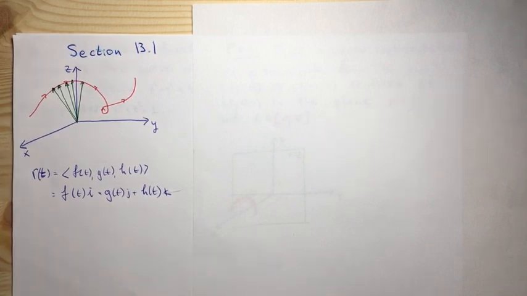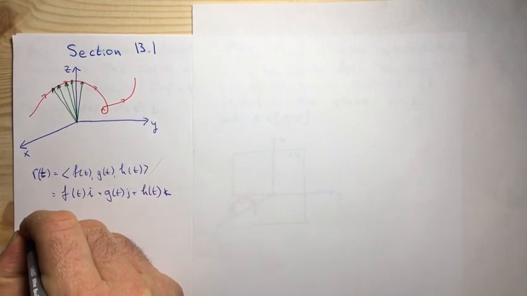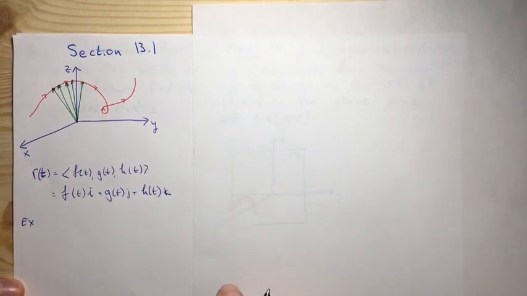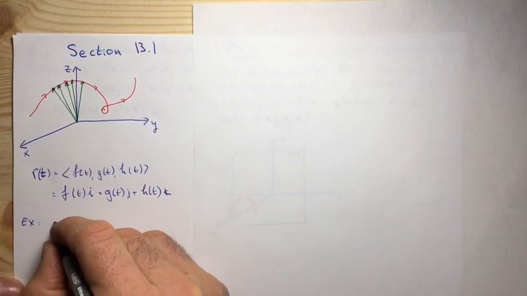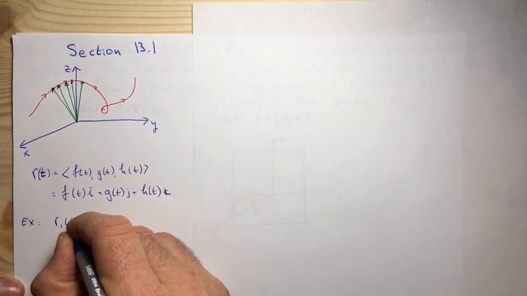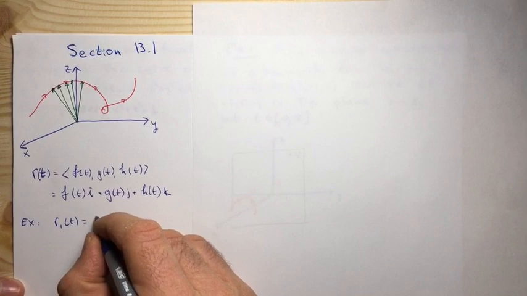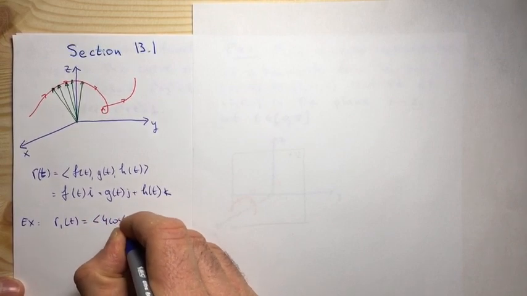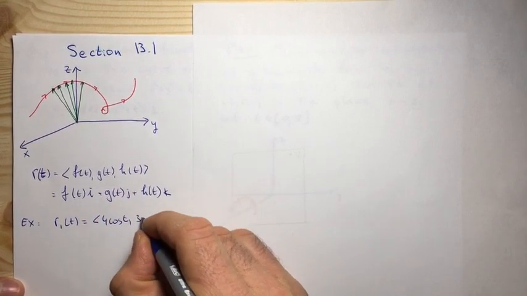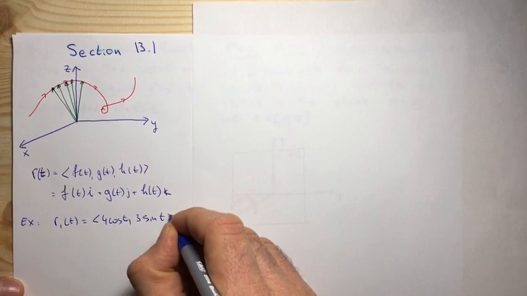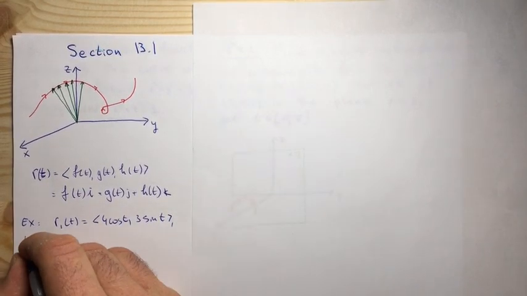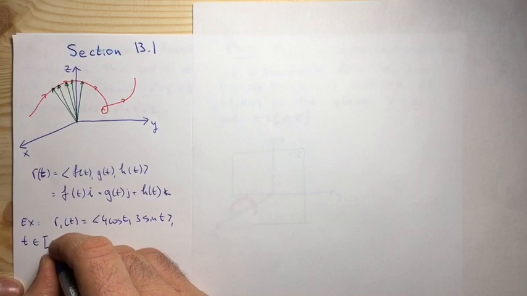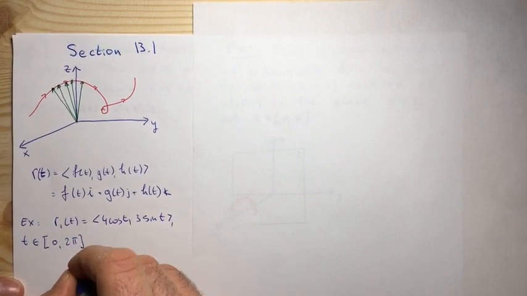For example, the curve described by the vector function 4 times cosine of t and 3 times sine of t, where t is from 0 to 2 pi.